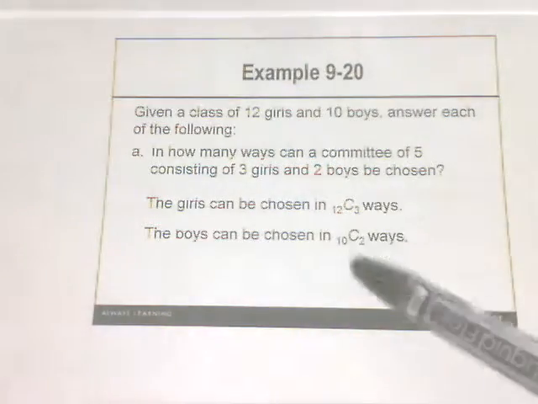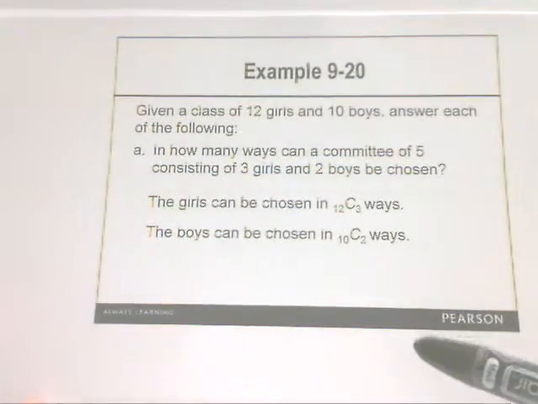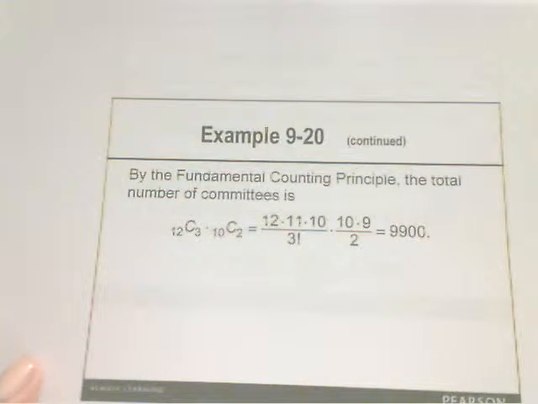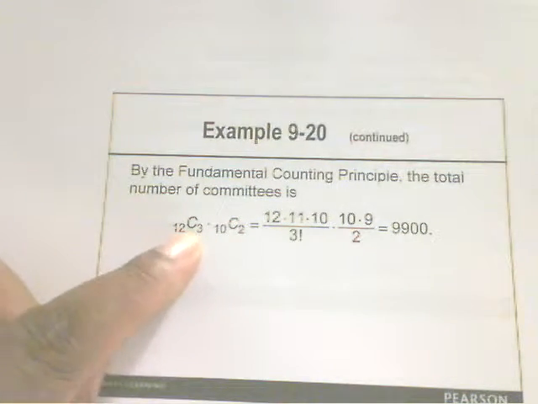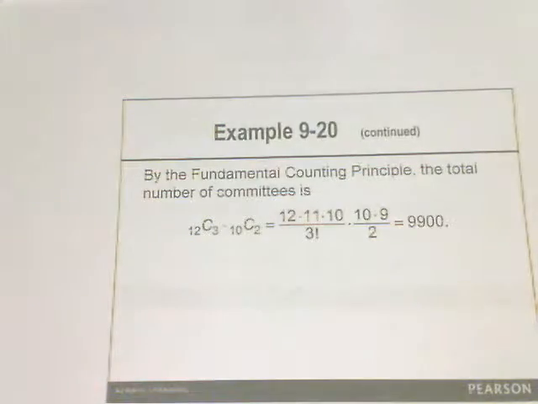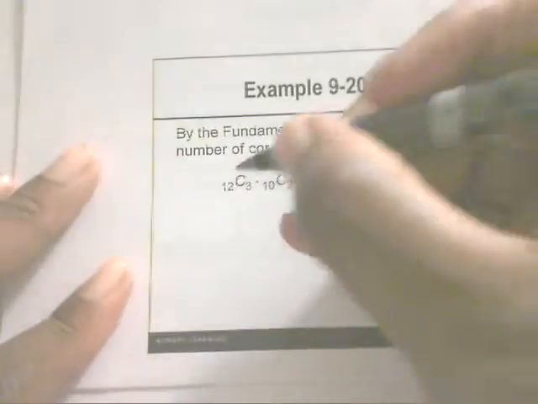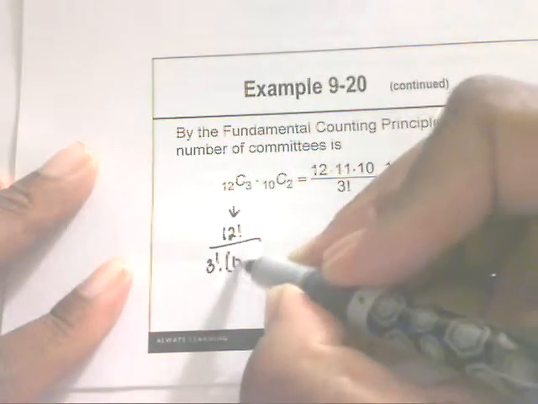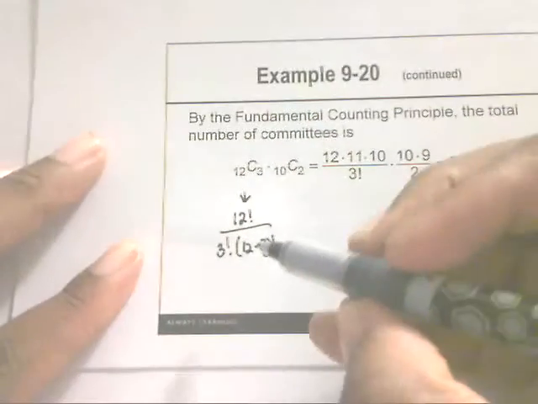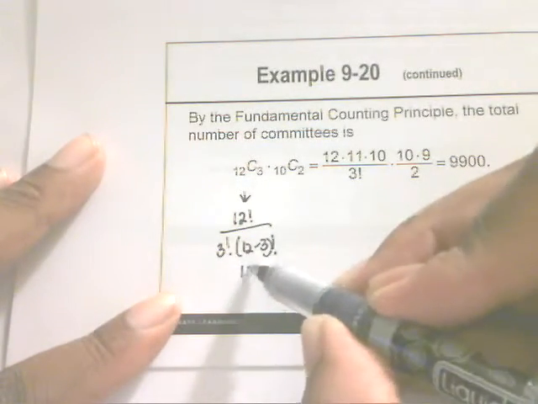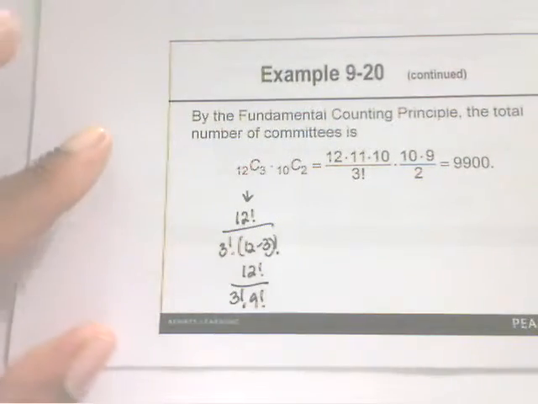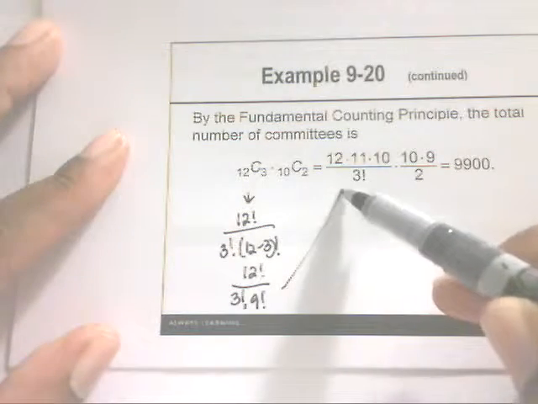And we're choosing 3 girls out of 12. Now, by using the fundamental counting principle, the total number of committees would be this. 12C3 is going to be 12 factorial divided by 3 factorial times 12 minus 3 factorial, which means you're going to have 12 factorial divided by 3 factorial times 9 factorial.